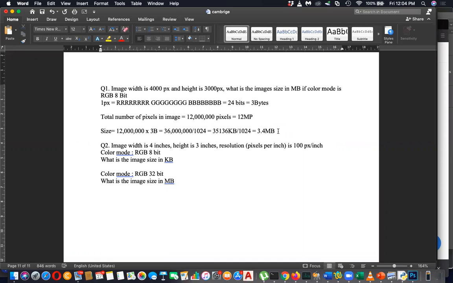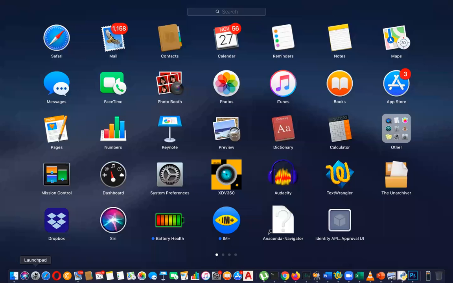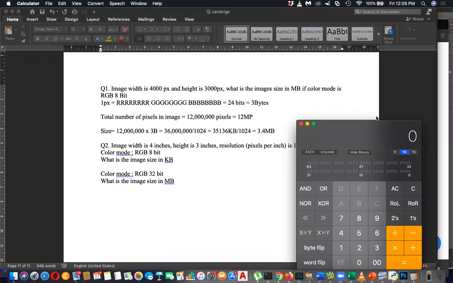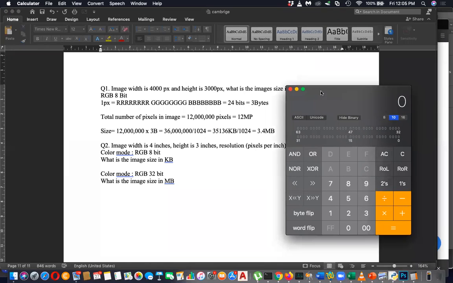So is this 3.5 or 34? Let me use the calculator. It's 36 million.